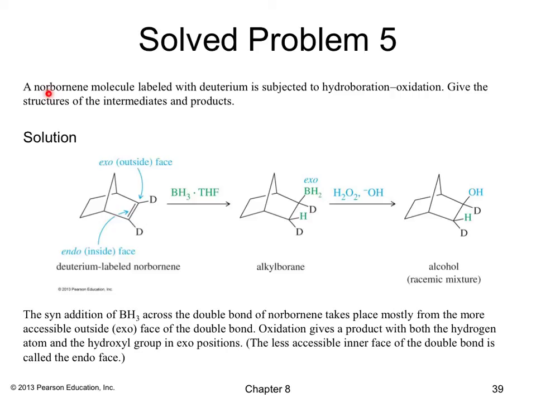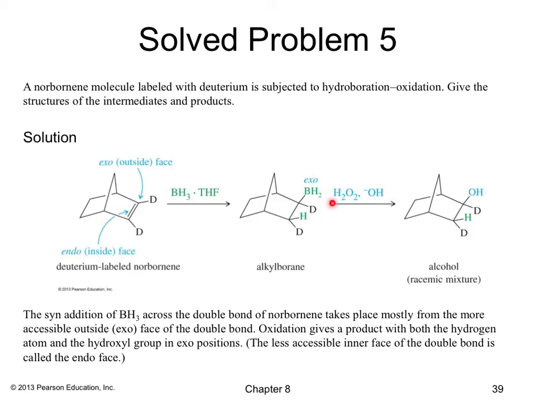Another problem: a norbornene molecule labeled with deuterium is subject to hydroboration oxidation. Give the structures of the intermediates and products. So here's norbornene with a double bond, BH3 THF. So it can go on the outside face, which is the exo, or the endo, which is on the bottom side. The addition would happen on the outside or exo face of the double bond, because that is preferred over the endo.